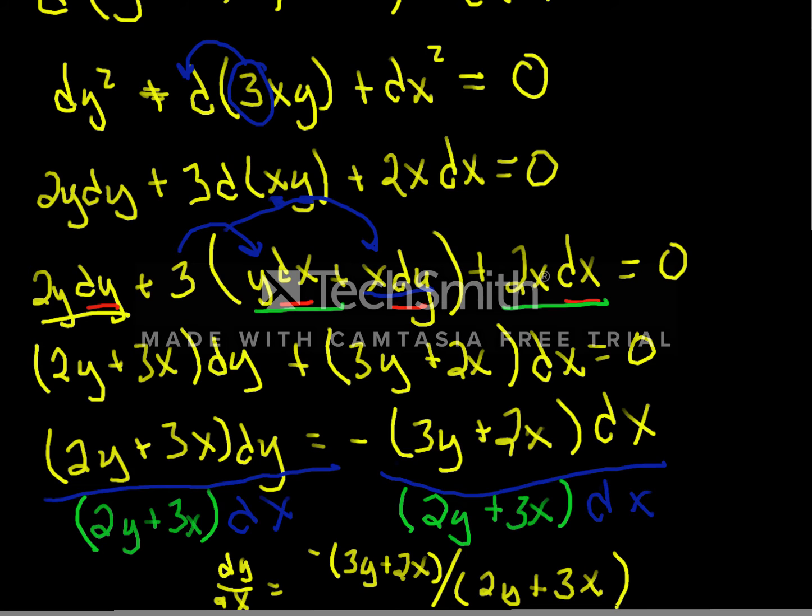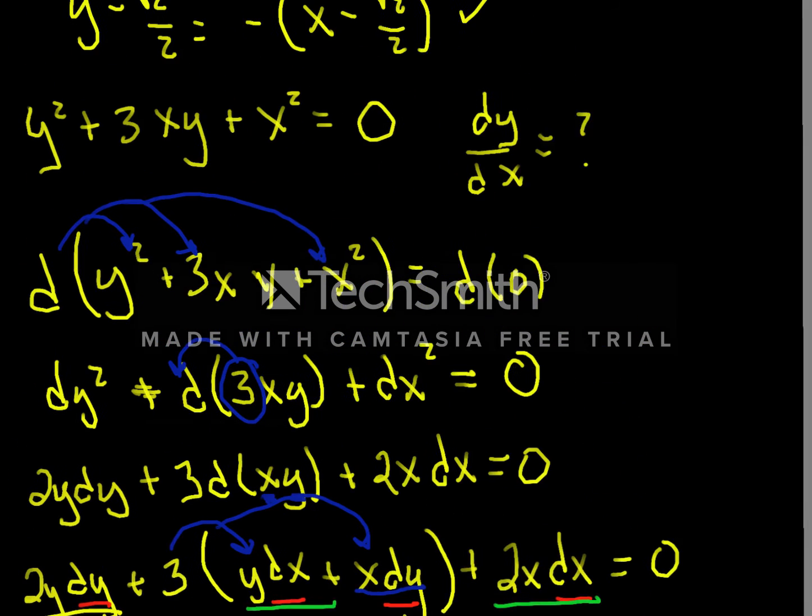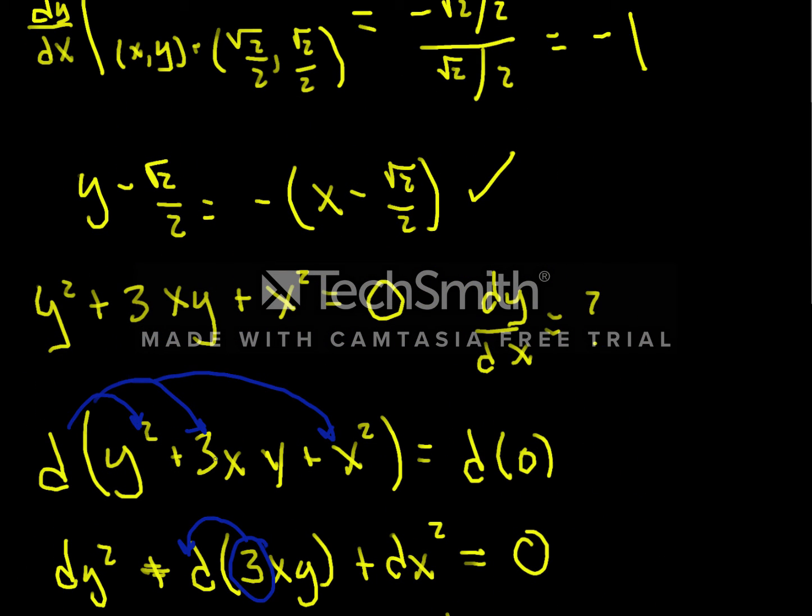So that is the equation of the slope of our curve. We put our point x, y in here, and this will give us the slope of the curve related to this equation here, y squared plus 3xy plus x squared equals 0.